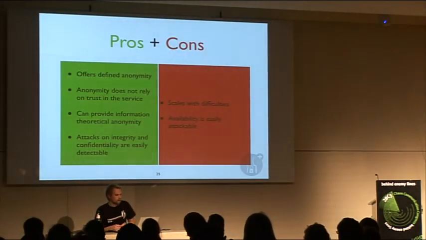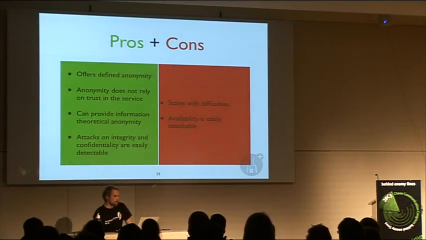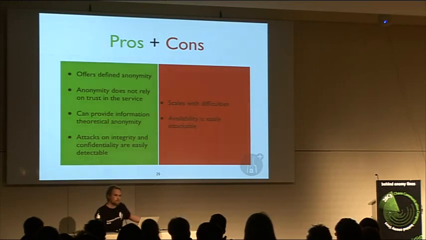So to recap the introduction of DC networks: DC is a technology which offers very well-defined anonymity. The anonymity does not rely on trust in the service itself. It can provide information-theoretic anonymity if you use truly random keys.